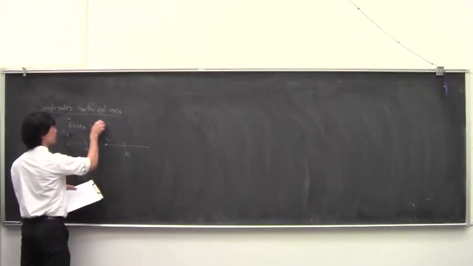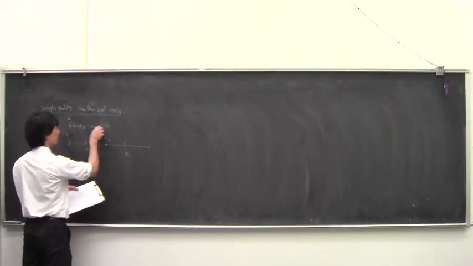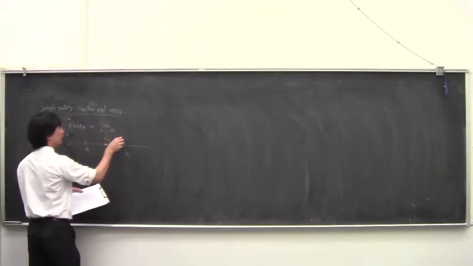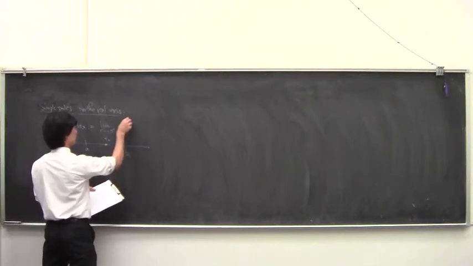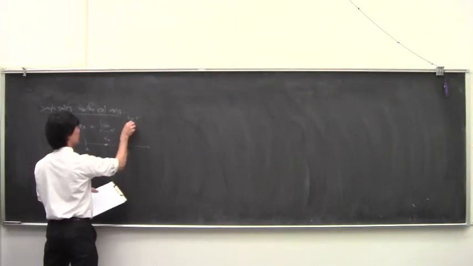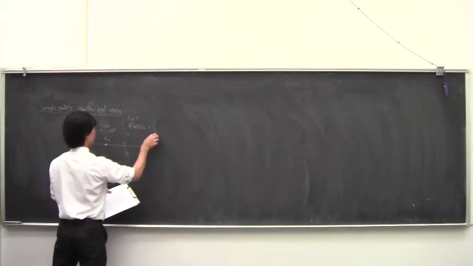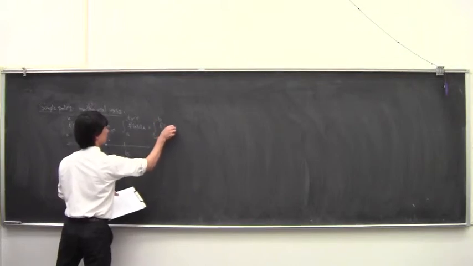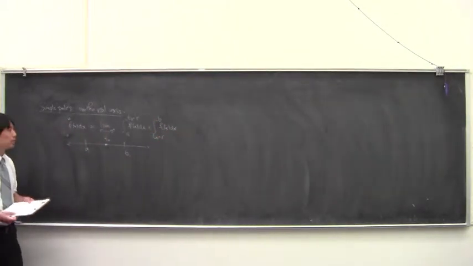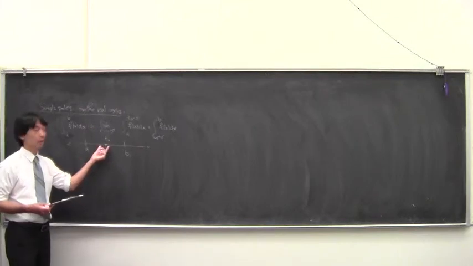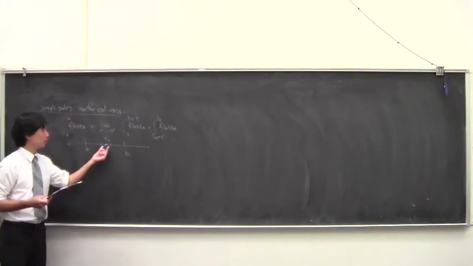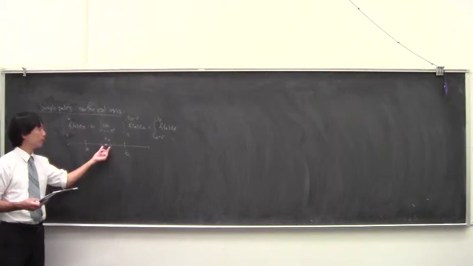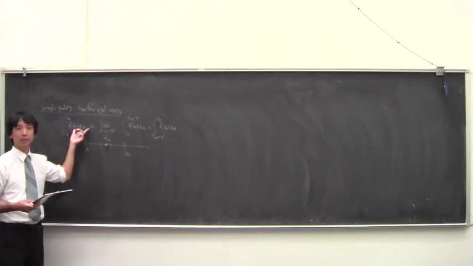We'll define that as the limit as r goes to 0 of the integral from a to t naught minus r plus the integral from t naught plus r to b of f of x dx. So we take a symmetric chunk out of the integral, and we let that thing tend to 0 in a symmetric way. That's going to be the definition of this integral.